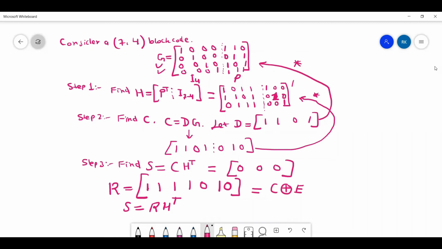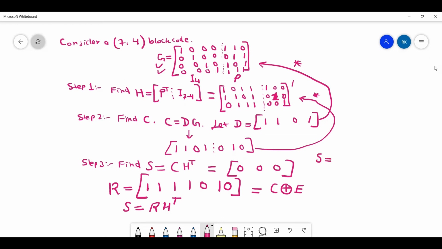Third bit from left has suffered an error in transmission and it has now become 1 1 1 1 0 1 0. So this 0 at this position in the code has become a 1. Now the syndrome is S is equal to R multiplied with H transpose. Now S here, I'm going to write it here now.